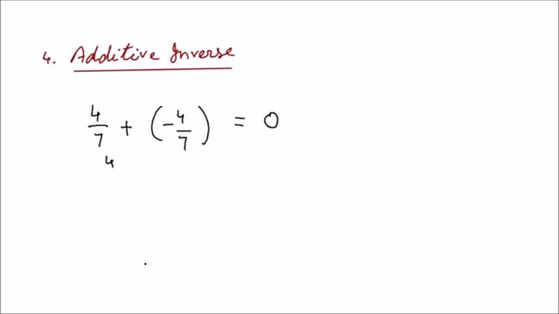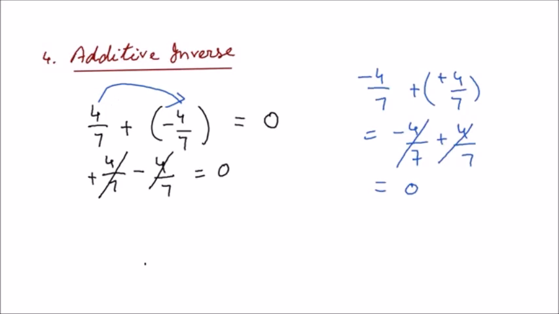Now if we add a minus and plus, this was plus, we can cancel both of these and we get 0. It means that both of these numbers are inverse of each other. Additive inverse means if we add the two rational numbers, the answer must be 0.